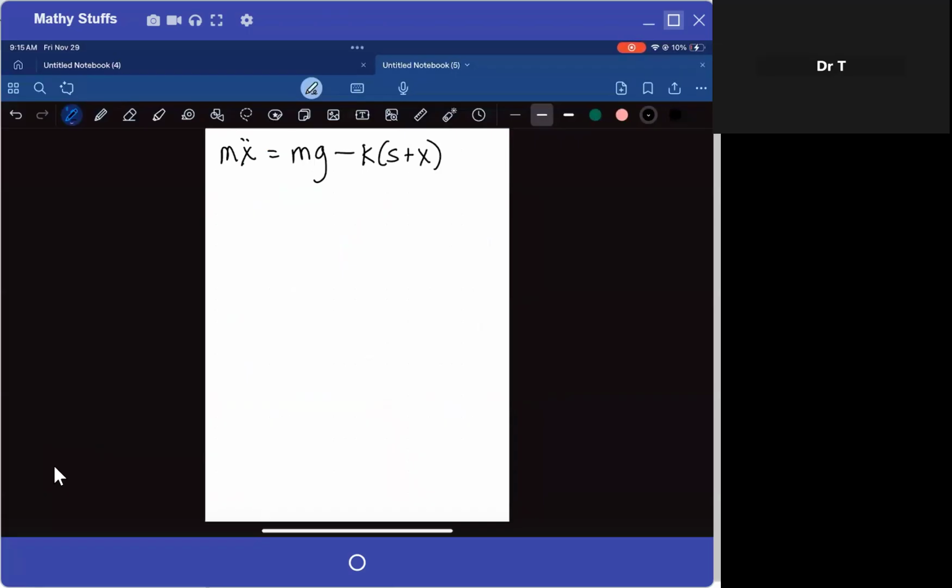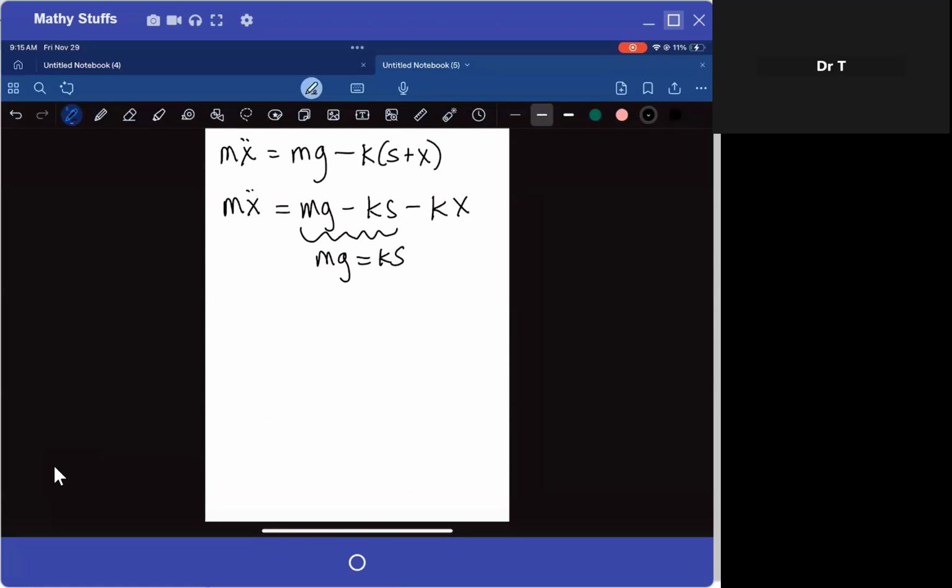Let's do a little work. So we've got mx double dot equals mg minus ks minus kx. And this looks messy, but we've got this sweet thing here. Remember that at equilibrium, mg was ks. The force of gravity was equal to the restoring force of the spring, and nothing was moving at that point.